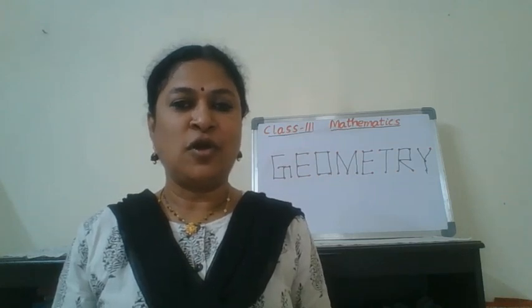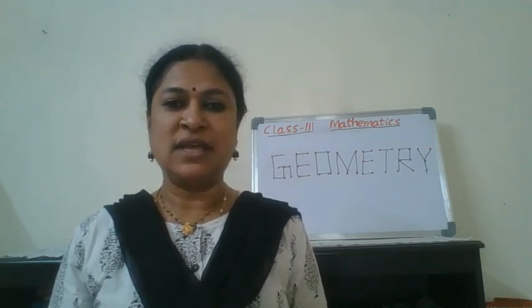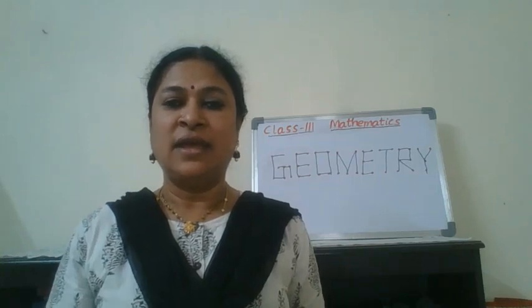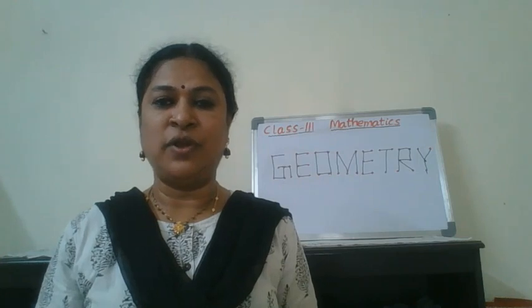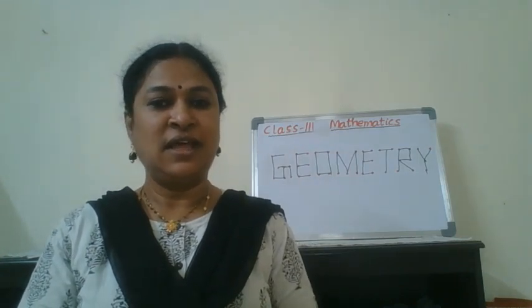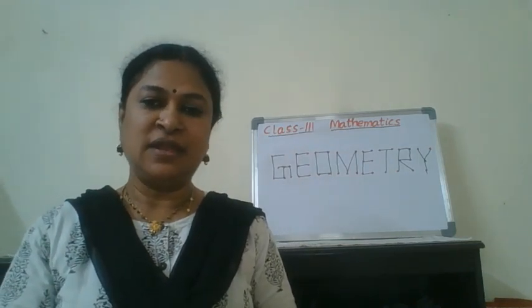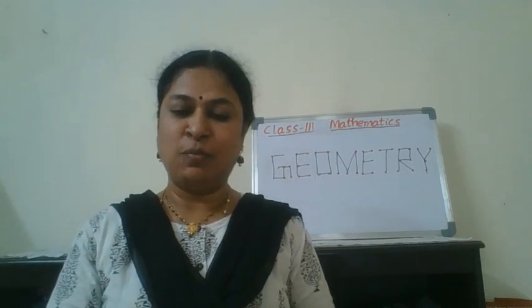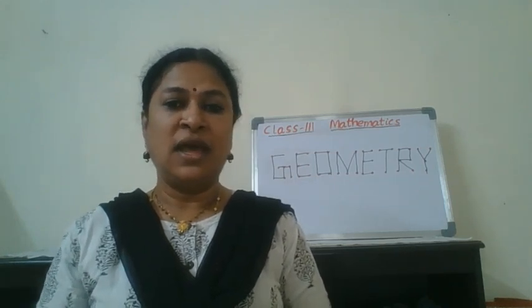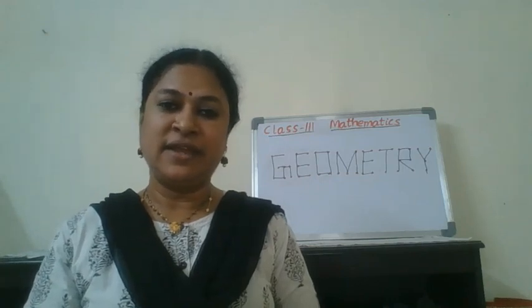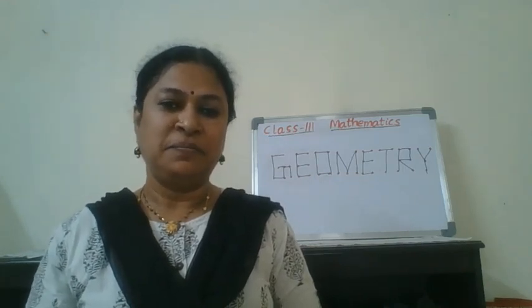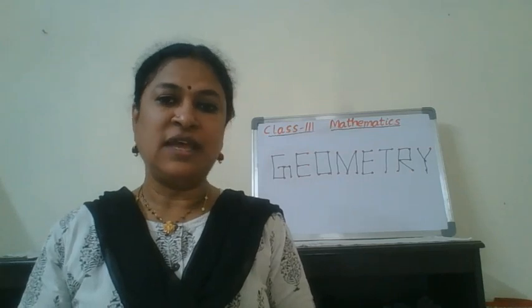The line drawn between 2 points is called the line segment, and so the line segment has a starting point and an ending point, so we can measure the line segment. Then comes the ray. A ray has one end point and one arrowhead. What does it mean? It means that it can be extended, so we cannot measure the ray.